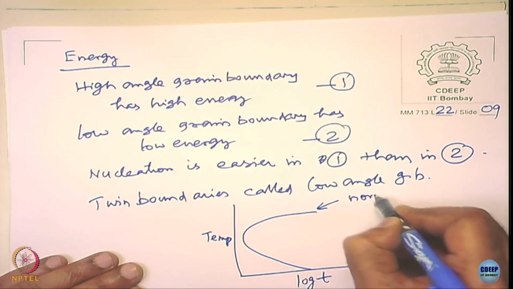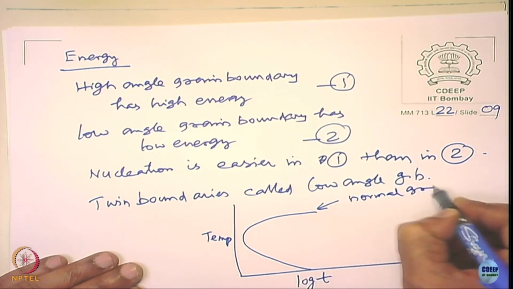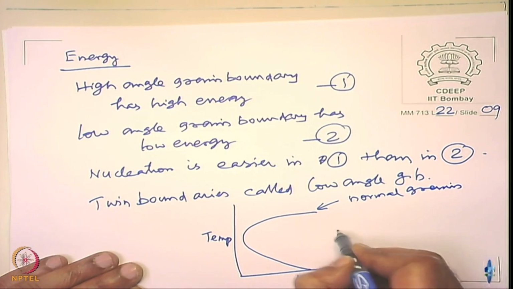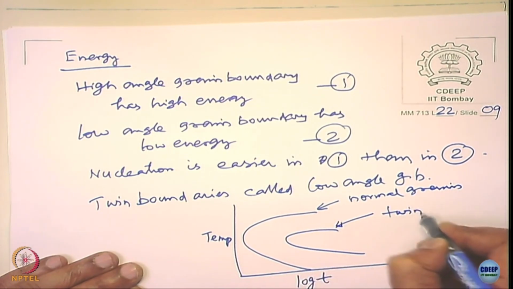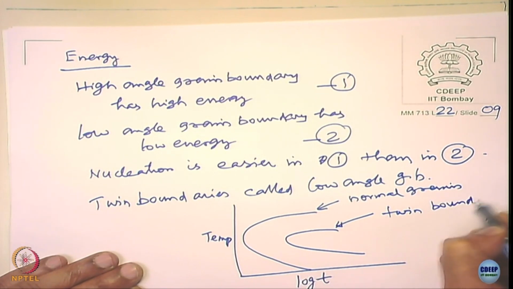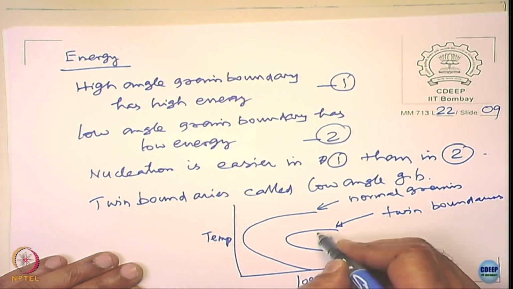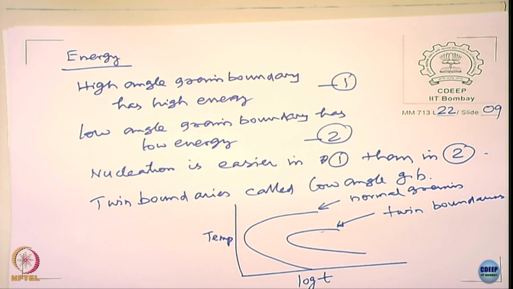Normal grains versus twin boundaries. So you can also change the grains so that you can control the sensitization of the alloy.